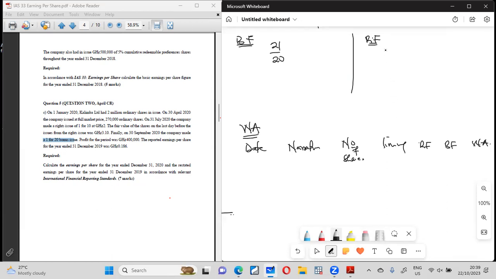Then what about the right issue fraction? What is the price? The company made a right issue of 1 for every 10 at 2.